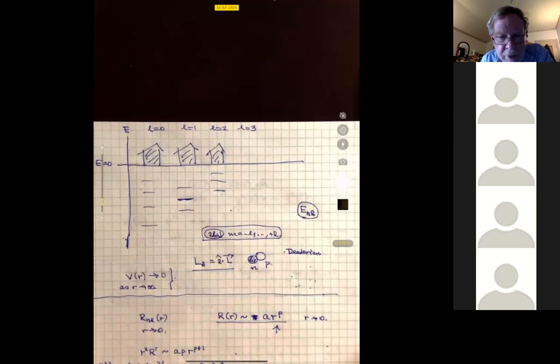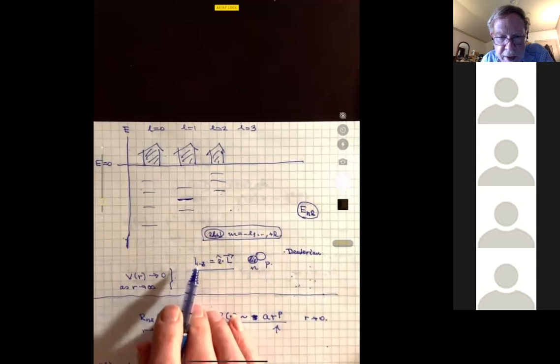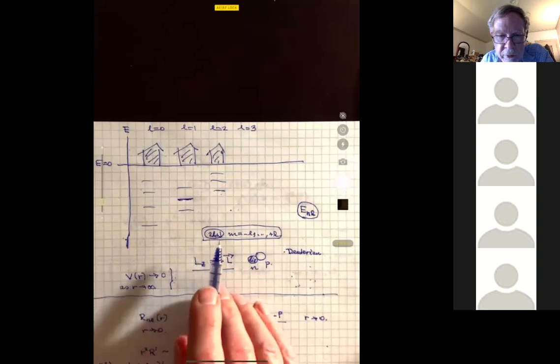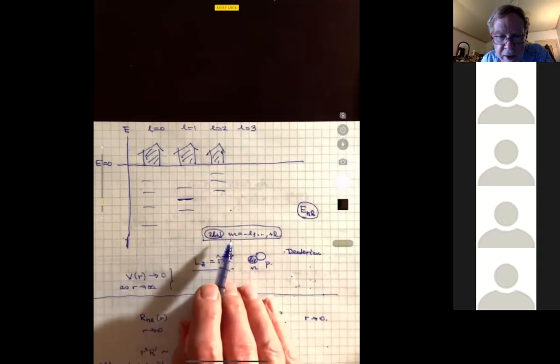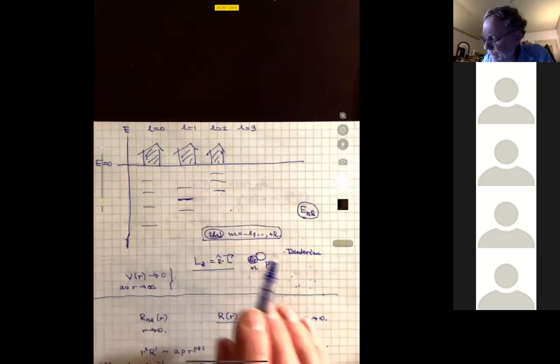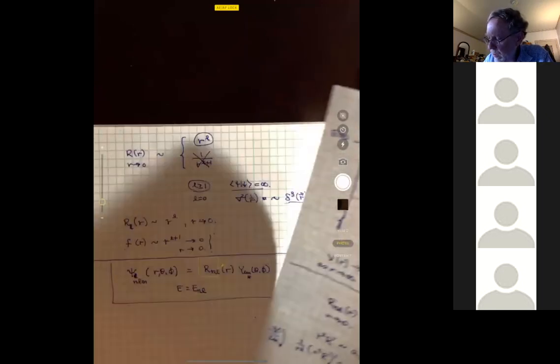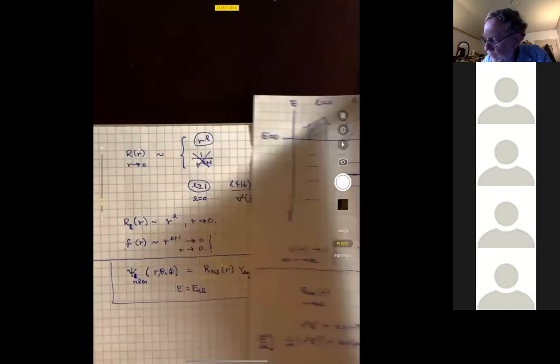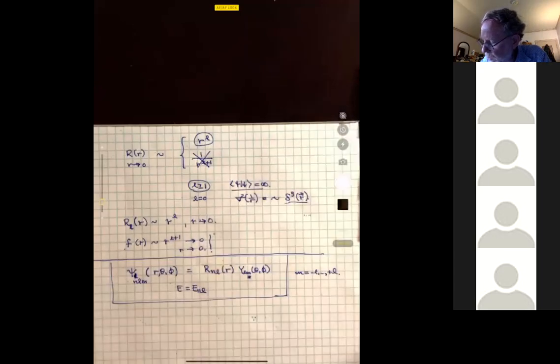On the other hand, if you have an isolated system, which is therefore invariant under rotations, the energy cannot depend on the orientation. And therefore, the energy cannot depend on this projection of the angular momentum. And that's the physical reason why these energy levels are turning out to be independent of the magnetic quantum number.